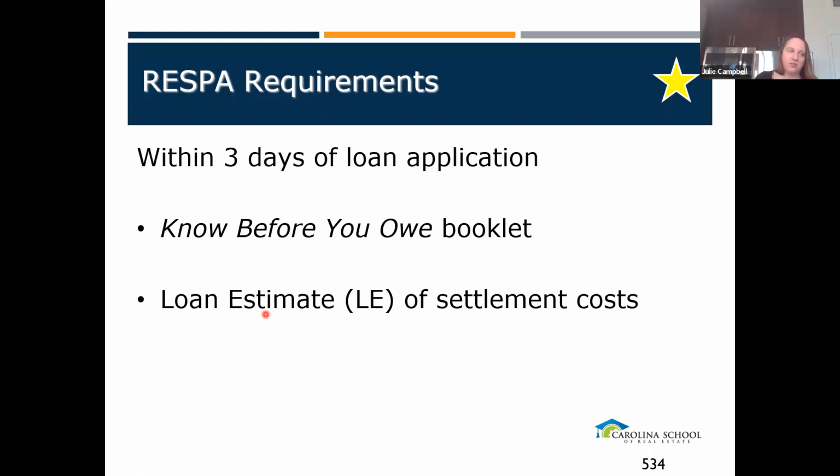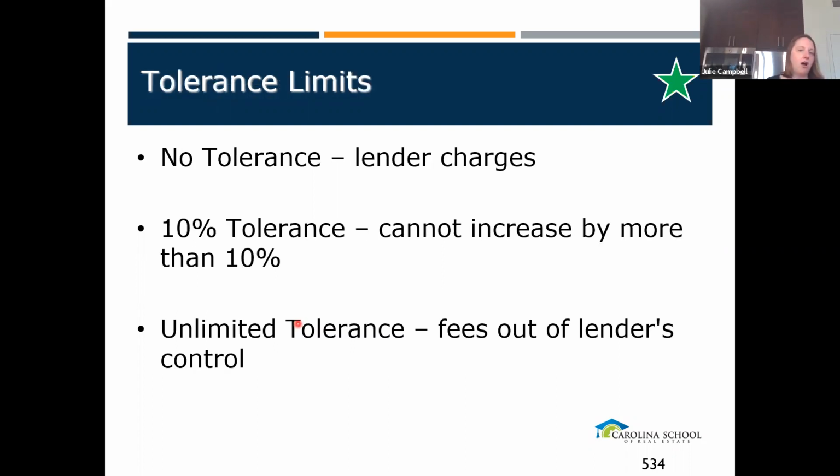This is not final numbers yet. But RESPA has also offered some tolerance limits on what can and cannot change. So just because this is an estimate doesn't mean the lender can just throw us numbers. They need to be accurate numbers. They need to be good numbers. And RESPA says, okay, there are some tolerance limits to things that can change from the estimate to the final.